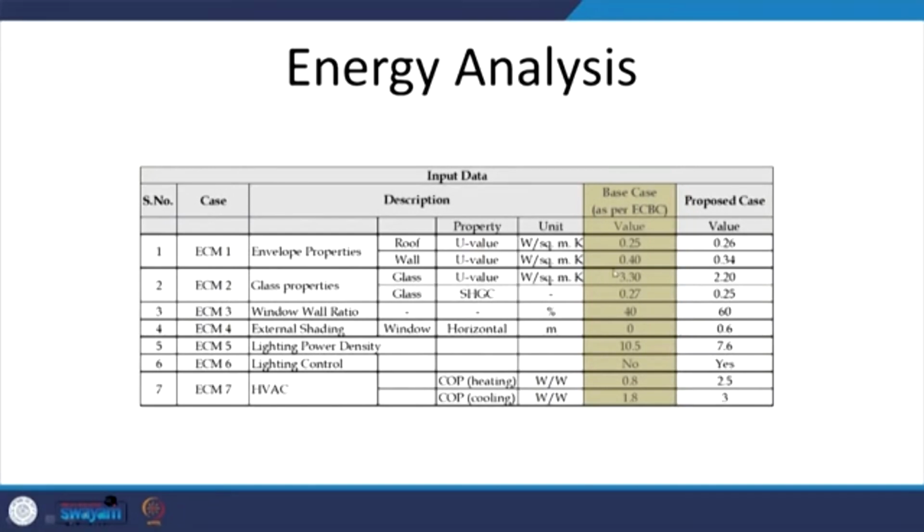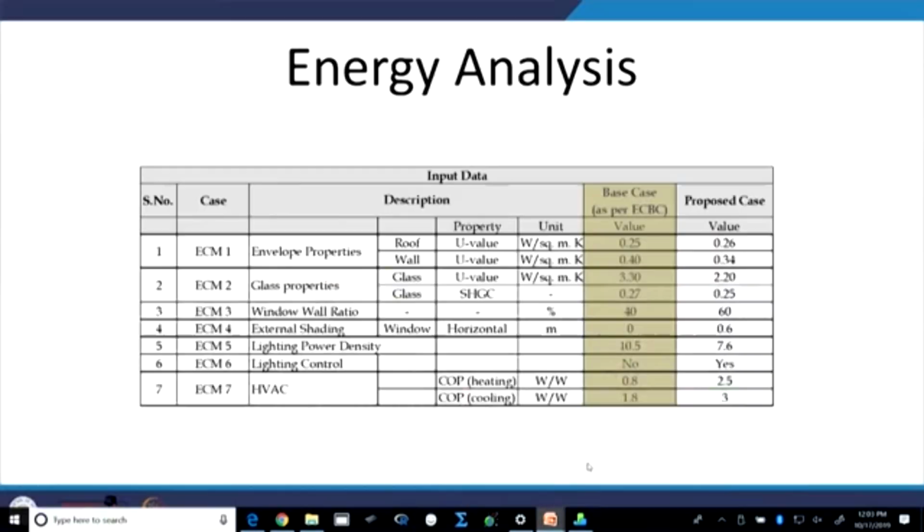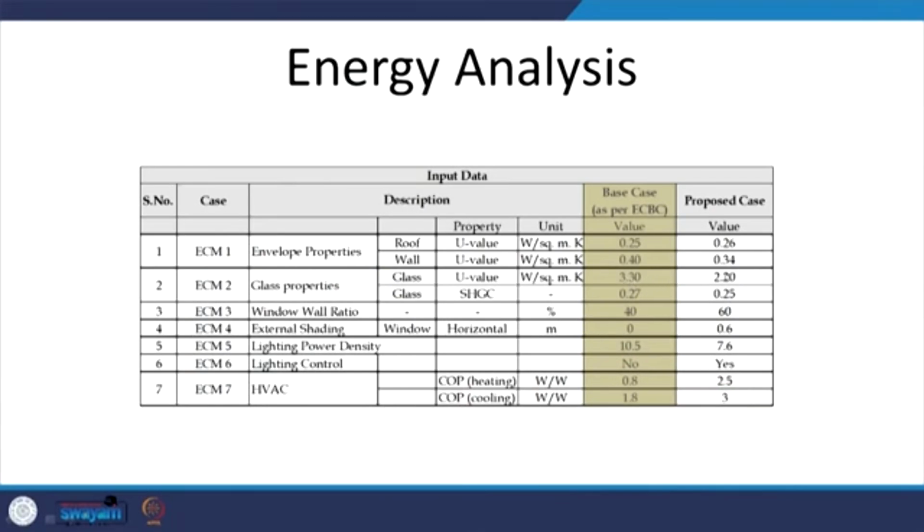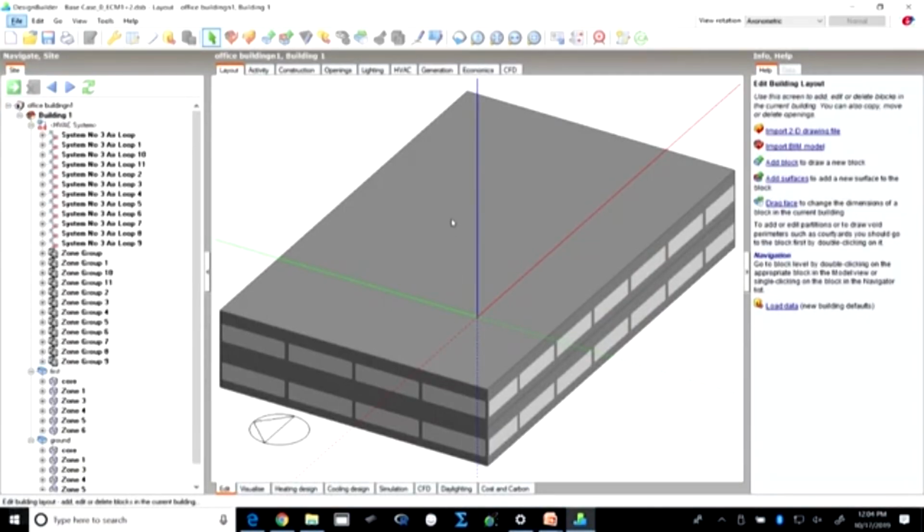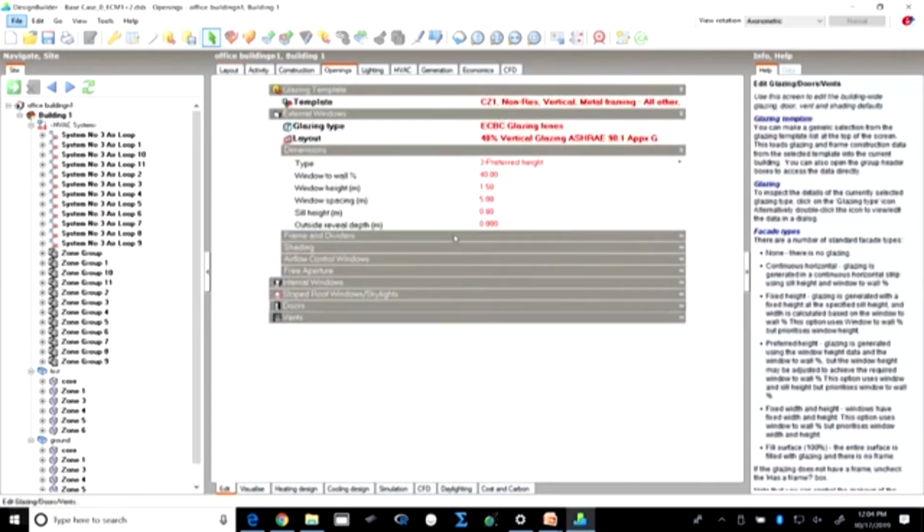So, instead of the base values for glass U value and glass SHGC, we have these values here for the proposed case. If we look at this particular case, in openings we have also changed the glass values.